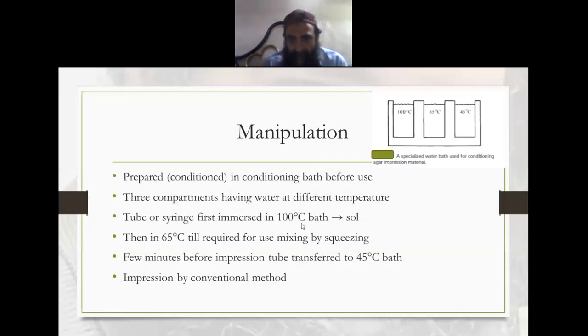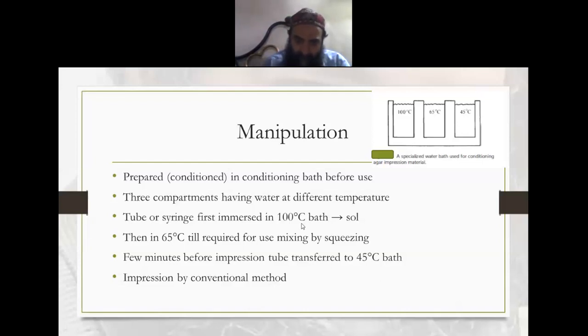But as the material was present in gel form and is converted into sol form, a little bit of mixing by squeezing the tube or syringe is needed.